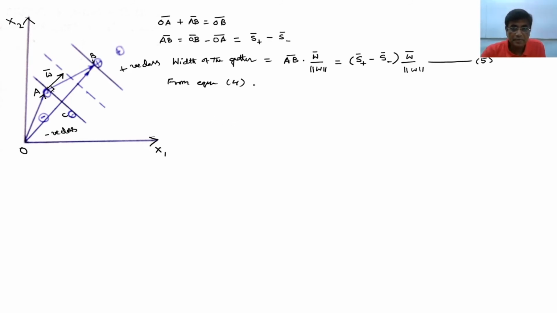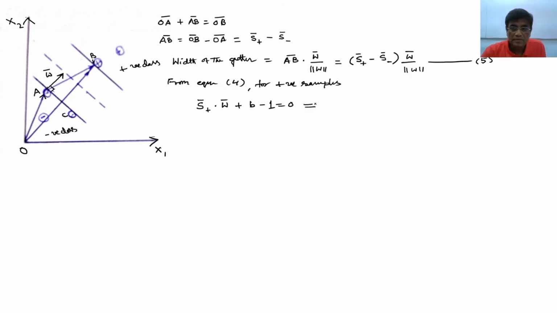For a positive sample, x positive dot W plus b minus 1 equals 0.